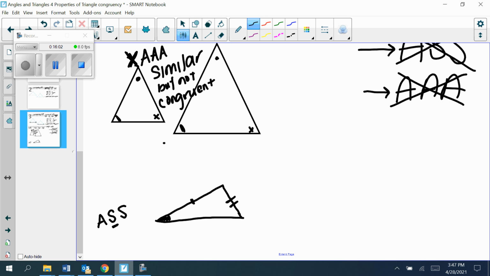I wouldn't call this side angle side, because the angle is not the contained angle between those two sides. If we wanted side angle side, we would need this angle instead. So I'm going to erase this because that's not actually what I'm doing. So right now we're talking about angle, side, side.